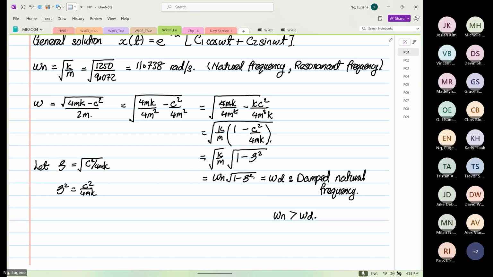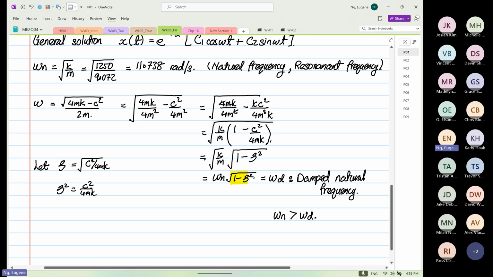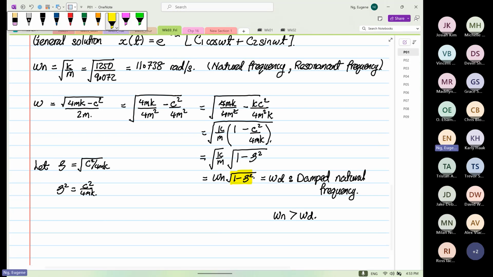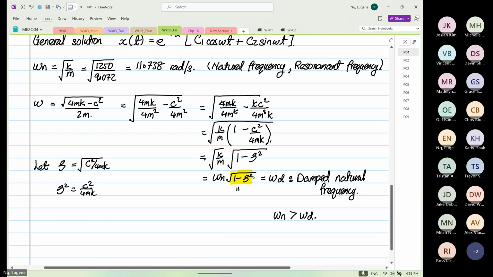Omega n, the resonant frequency, or the natural frequency, is always greater than omega d. And this is because over here, this factor, this term over here, will always be less than what? 1. Okay.